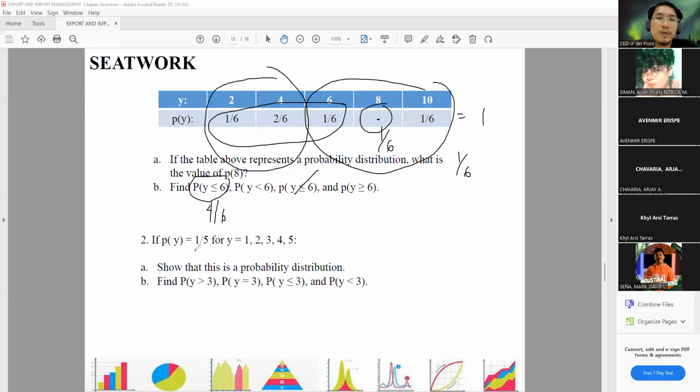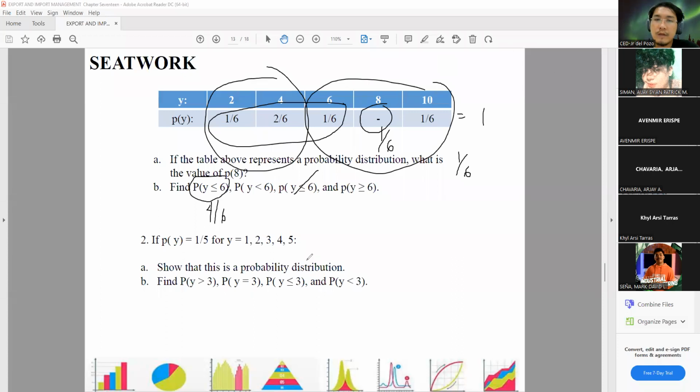Okay, number 2, if P(y) is 1/5 for the values of y 1, 2, 3, 4, 5. Show that this is a probability distribution. How can you say that this one is considered a probability distribution if P(y) is equal to 1/5 for the values of 1, 2, 3, 4, 5? Anyone?